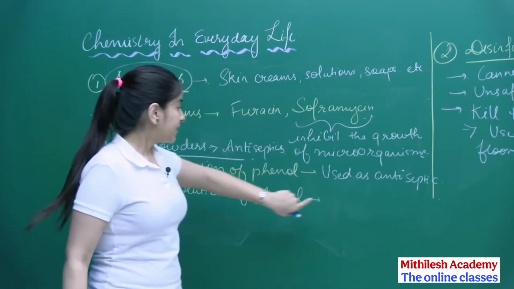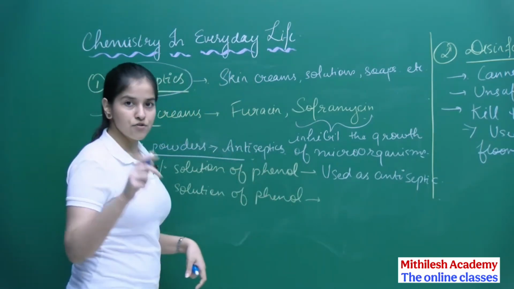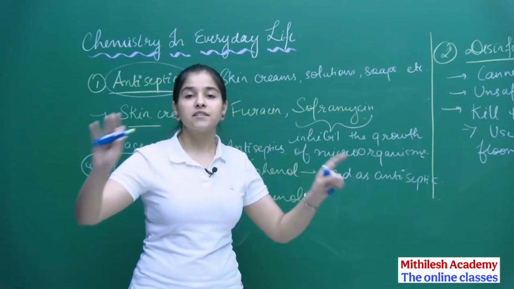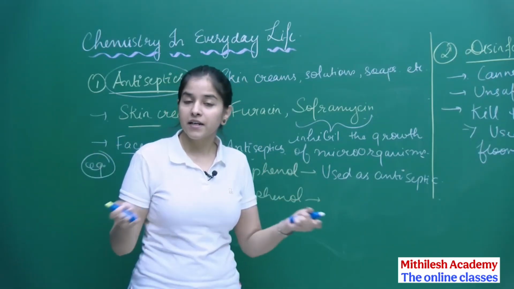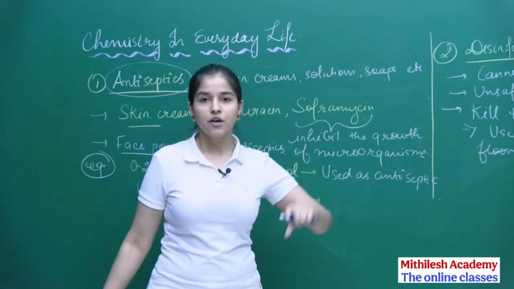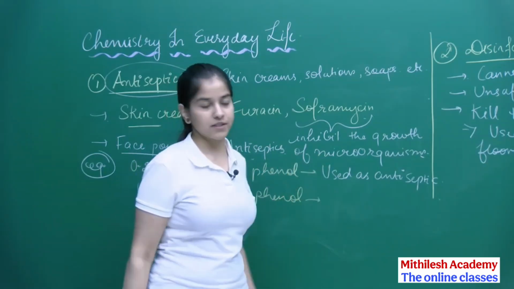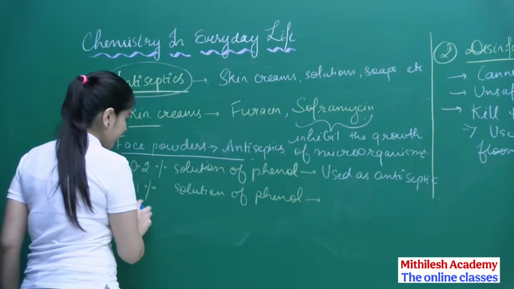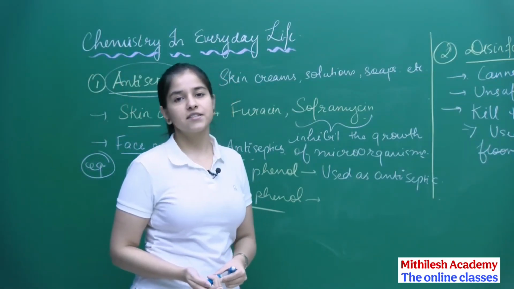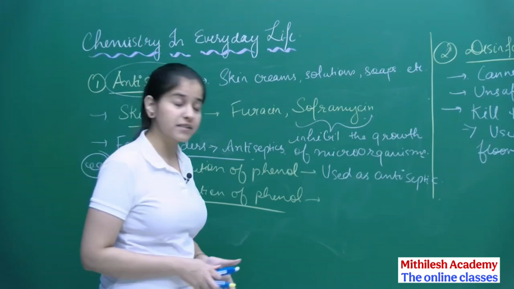So then it is not used for external use on the skin, but used on external things, that is, it can be used on the floor for wiping, for cleaning, to kill the bacteria on non-living objects. So here, whenever I take up a 1% solution of phenol, it can act as a disinfectant but is unsafe for external use.